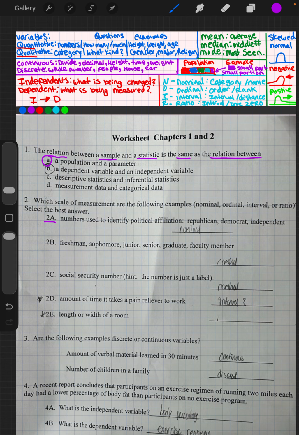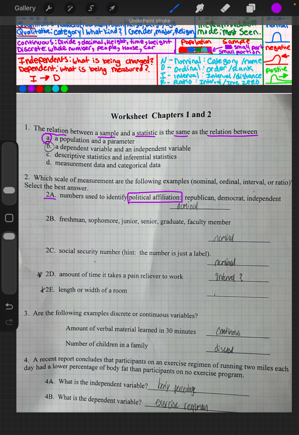2A says numbers to identify political affiliation. This one is nominal, because, well, you already did it, but it's a category. These are labels, and there's no order.